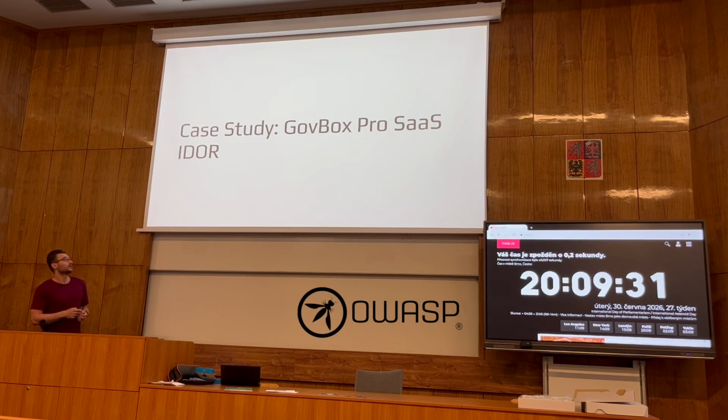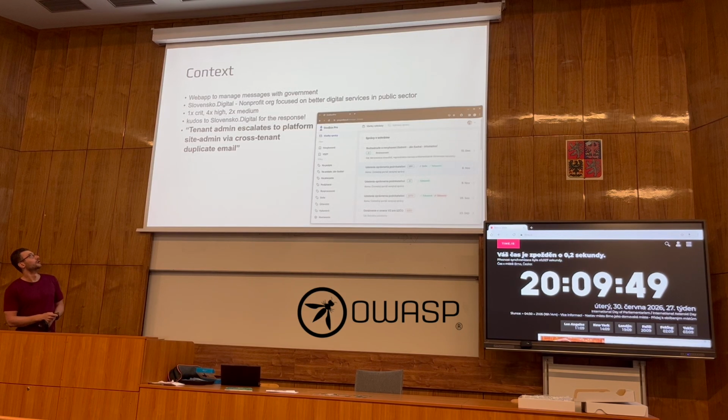Okay, let me go through a case study for one particular vulnerability it discovered, end to end, from the beginning until the end of the pipeline. Just to give you context, it was found on GoBox Pro, which is a web application that is used to manage messages with the government in Slovakia.